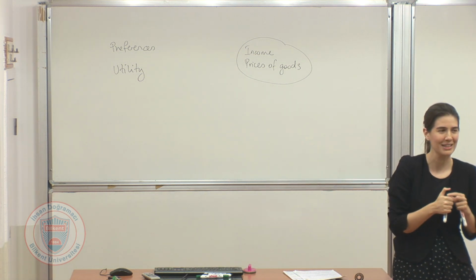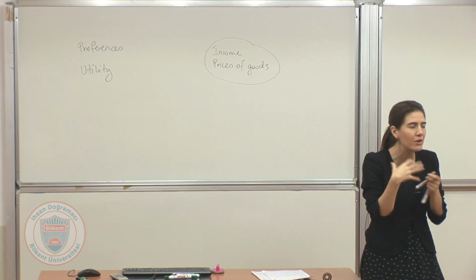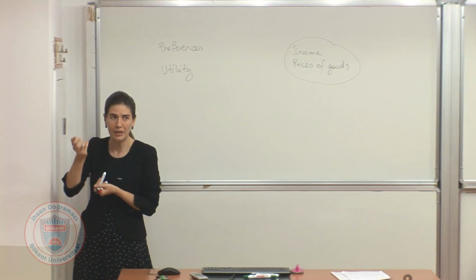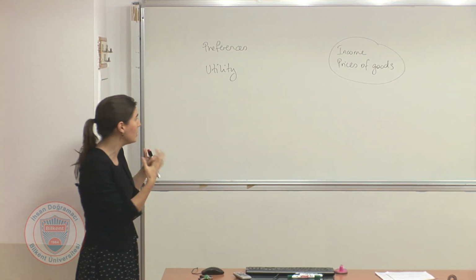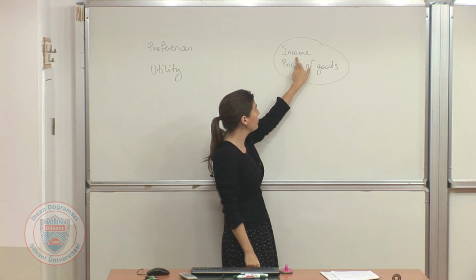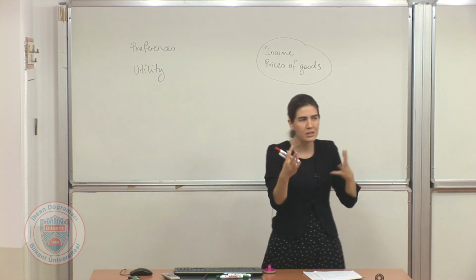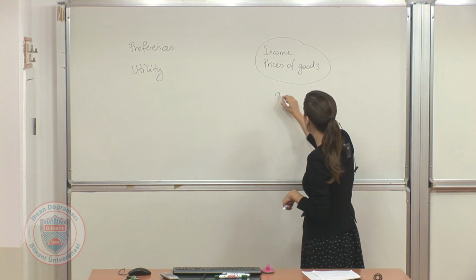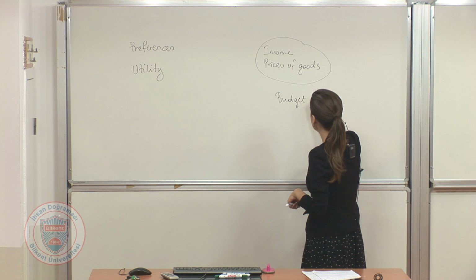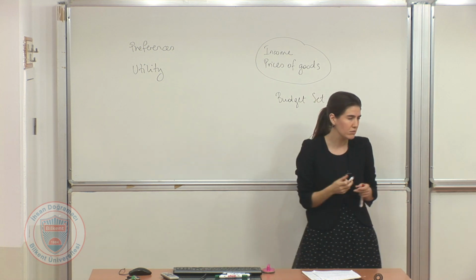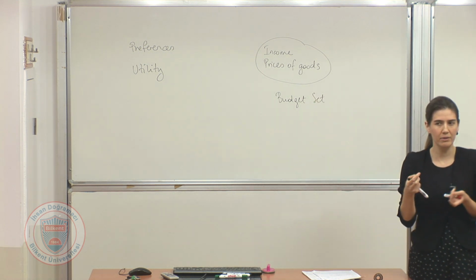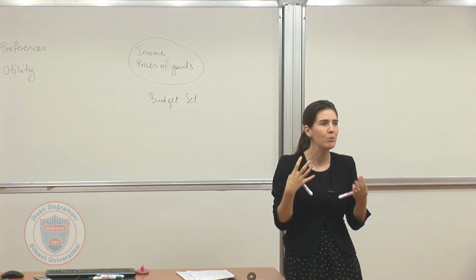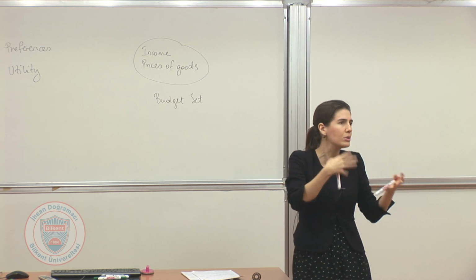It's the budget, right? Whenever you see the budget set, it will have information coming both from your income and the prices of these goods, okay? These will govern our budget set. So our choices will not only depend on what we like and don't like, but also on what we can afford and what we cannot afford.